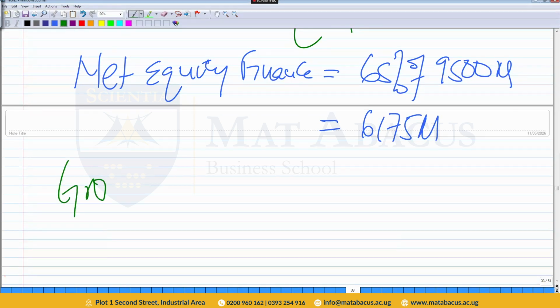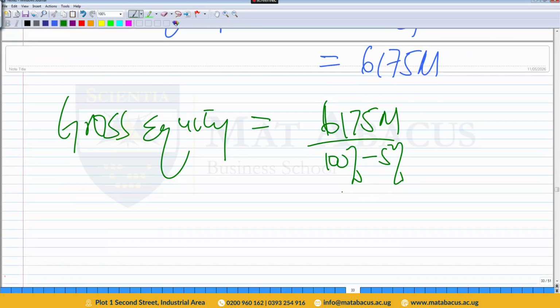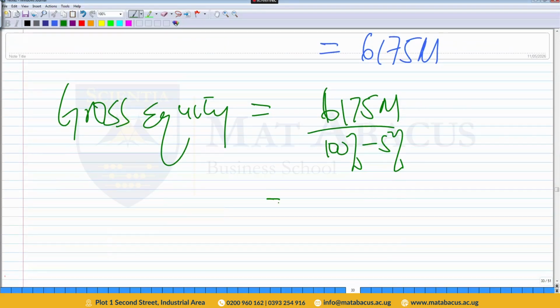Gross equity should be, you remember the net 6175, you divide by 100% minus 5% because issue cost is 5%, and therefore the gross equity should give you 6,500 million.